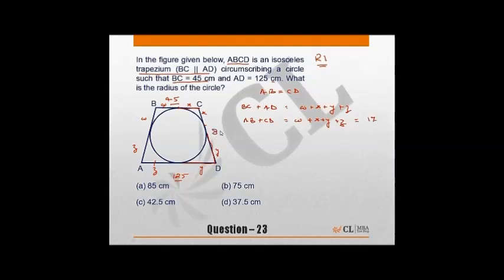That means each of these sides is nothing but 85. We want to find the radius of the circle, or in other words, we need to find the distance between the two parallel sides.